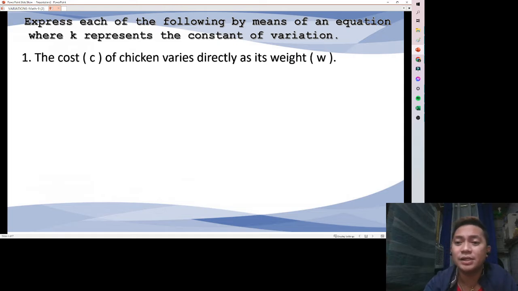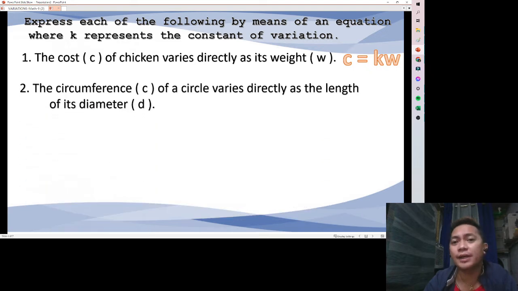To express it as a mathematical statement, that is C = kW. So when the price of chicken goes up, the amount of chicken we can buy also goes up. If the price goes down, then that is proportional to the weight of your chicken. That's how it is.